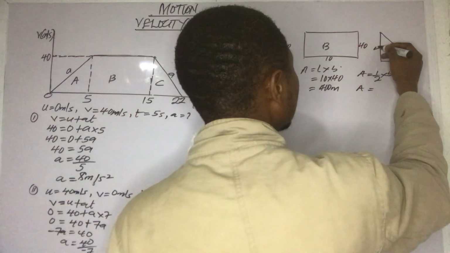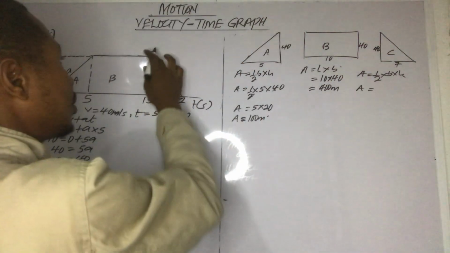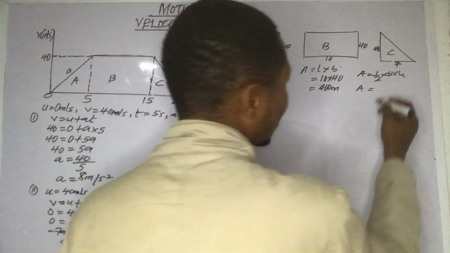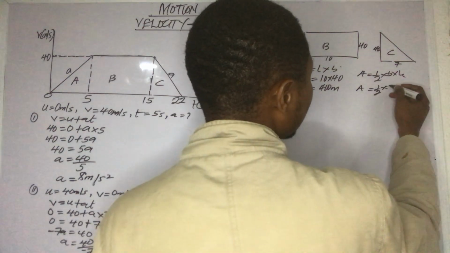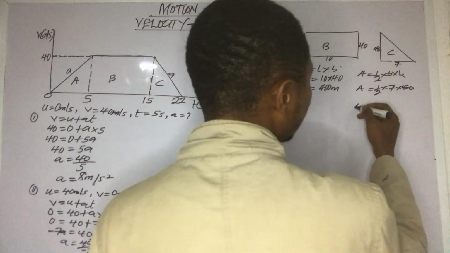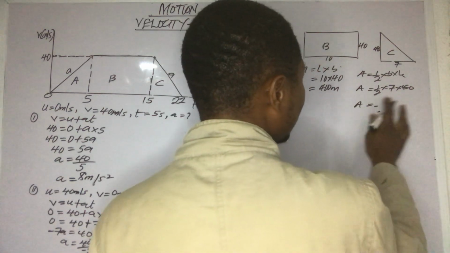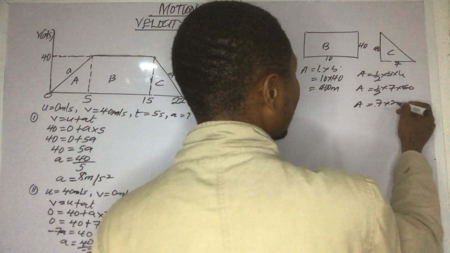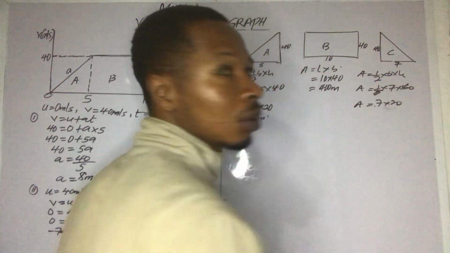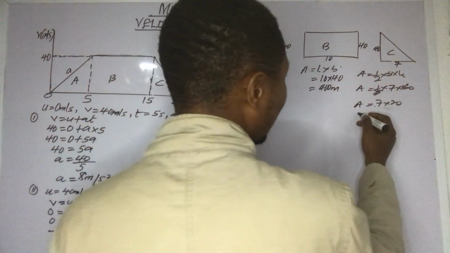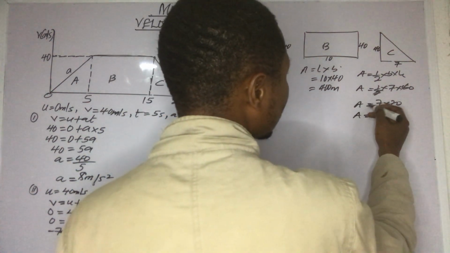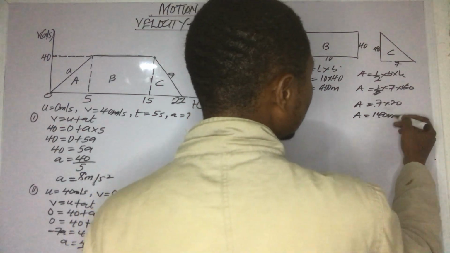And the height is still 40 from here to here. So if I substitute it, then I have half times 7 times 40. So the area will be half times 7 times 20. This and this can cancel out. So in that case, I will have area is equal to 140 meters.